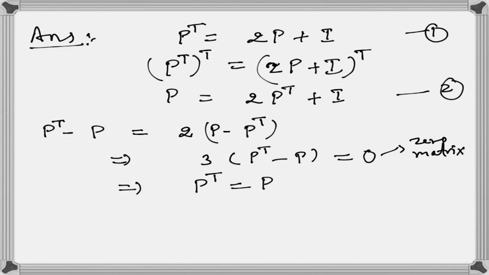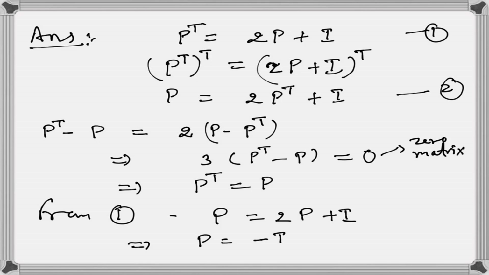Now, given P transpose is equal to P, from equation 1 we get P is equal to 2P plus I, which implies P is equal to minus I. So this is what we obtained. Now let's check which options are true. The first one is Px is equal to 0.